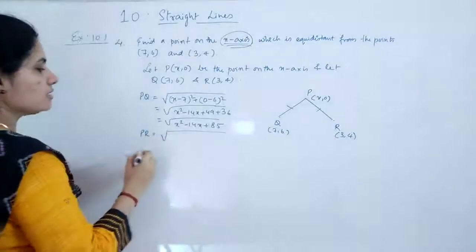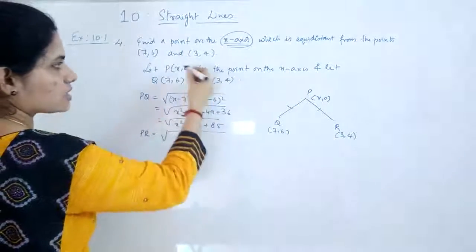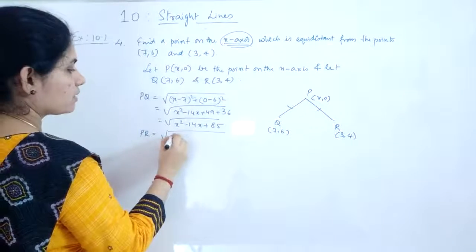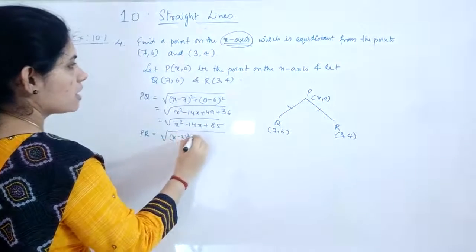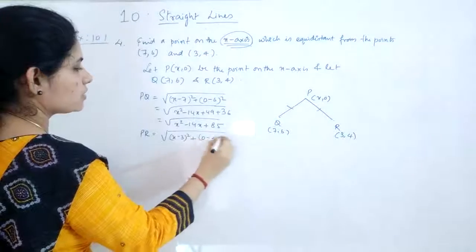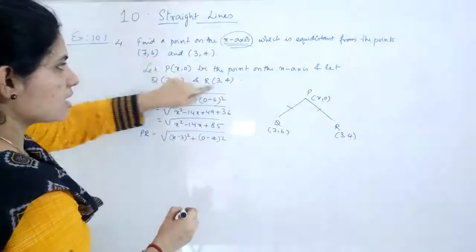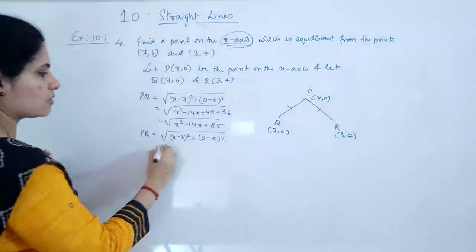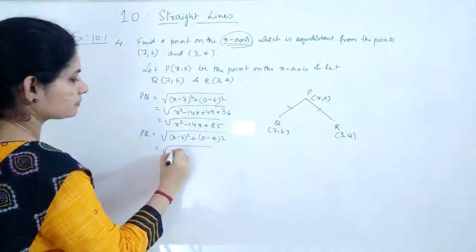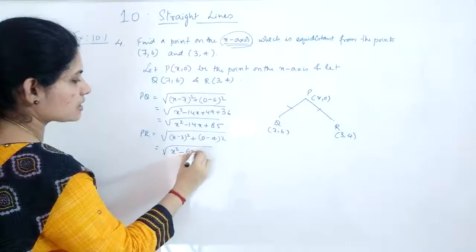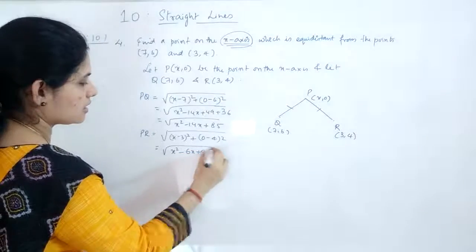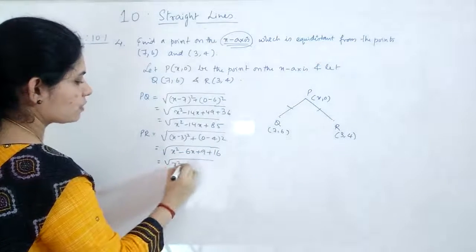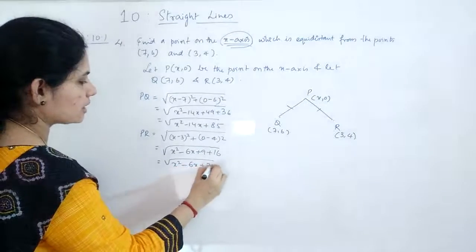Okay, PR is root of, again you can use the same, x2 minus x1 the whole square will give you x minus 3 the whole square plus 0 minus 4 the whole square. Don't confuse, you can just write as 3 minus x the whole square plus 4 minus 0 the whole square also will give you the same answer. Okay, so here you are having x square minus 6x plus 9 plus 16, which is giving you root of x square minus 6x plus 25.